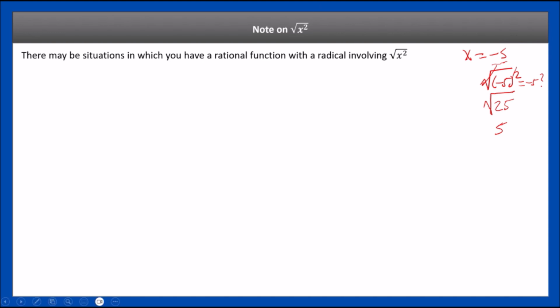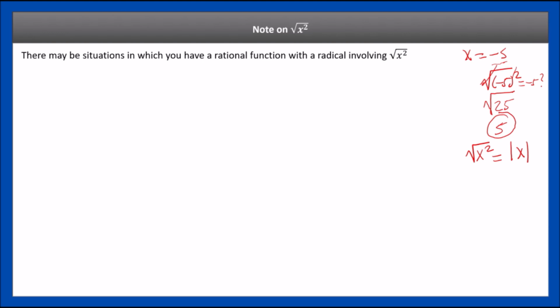In order to address this question, we define the square root of x squared as the absolute value of x. So if we take the square root of x squared, we define it as not just x, but the absolute value of x. This is strictly a positive quantity. So regardless of whether x is positive or negative, we're going to get a positive quantity for this.